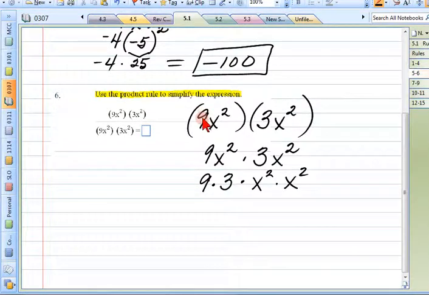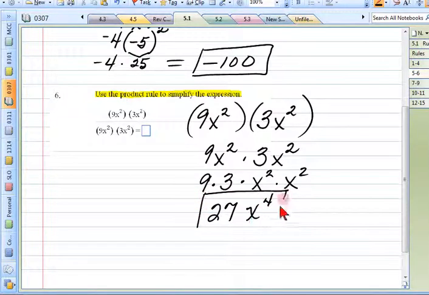In your mind, you'll grab the 9 and multiply it by the 3 because they are both numerical coefficients. And 9 times 3 is 27. You can then grab the x squared times the x squared. Those are like bases. What do you do with their exponents? Add them. So it would be x to the 4th. And that's my answer.